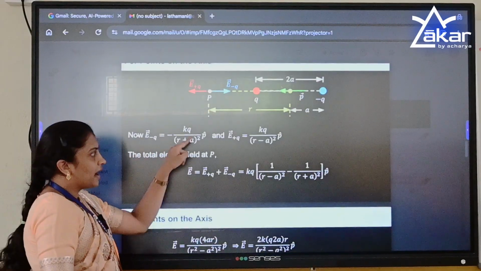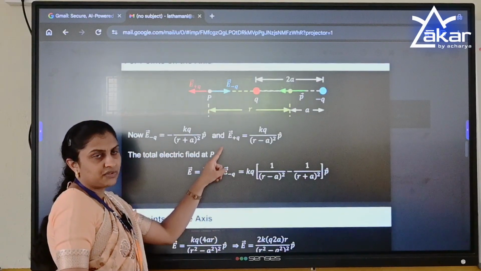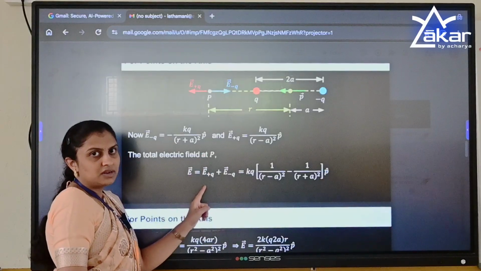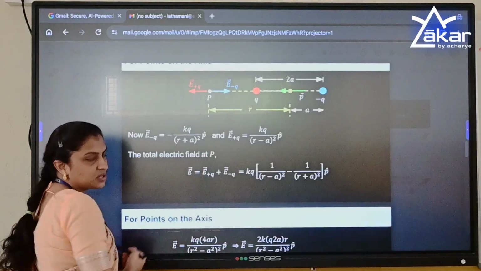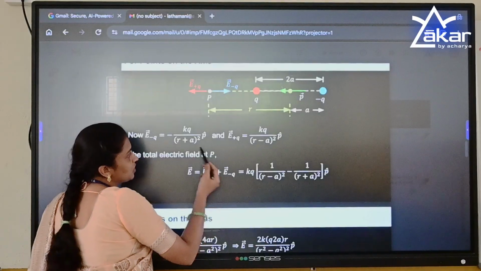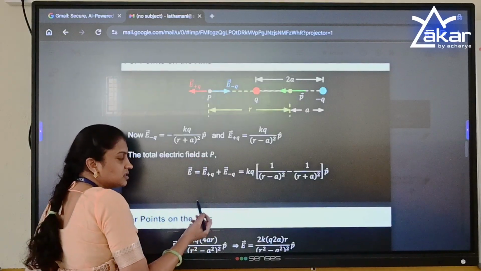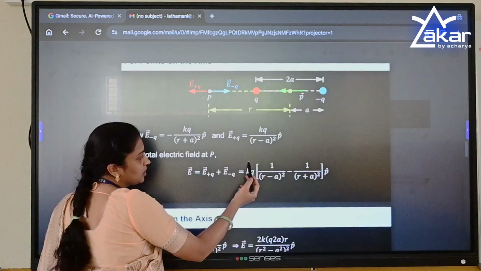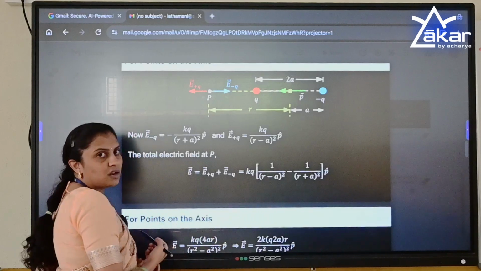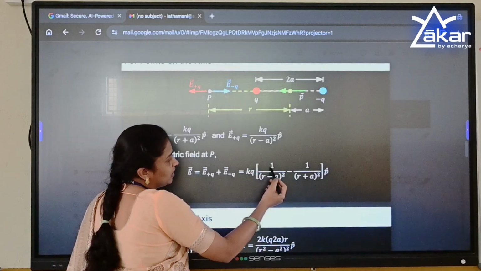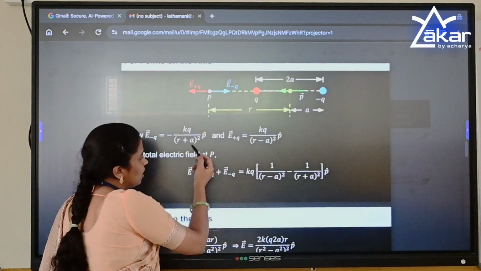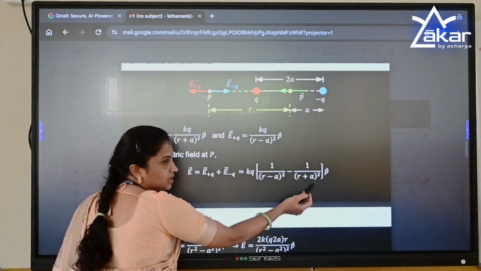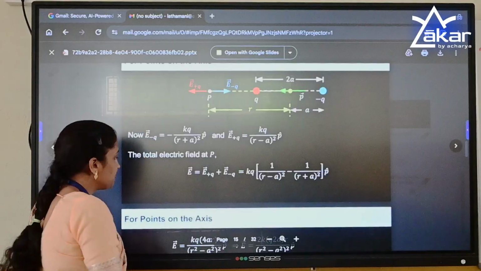Then you have to add both of the electric fields. So E total is equal to E plus Q plus E minus Q. That is K into, you can take the constant outside. K is 1 by 4 pi epsilon naught, so Q by 4 pi epsilon naught, and the remaining is 1 by (R minus A) whole square minus 1 by (R plus A) whole square, into P cap.